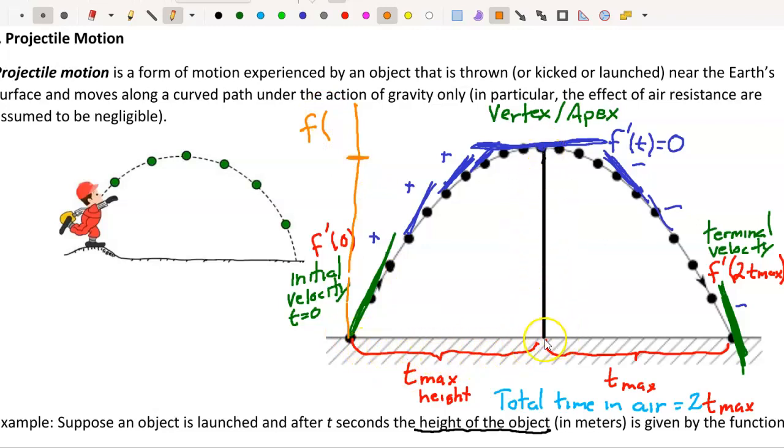So if I know the t max, it puts me right in the center. If I put that into our original function, that'll give me the height at that point. So this would be the t max. So if I find f of t max, not f prime, but just f, that'll tell me how high this is at that particular point.